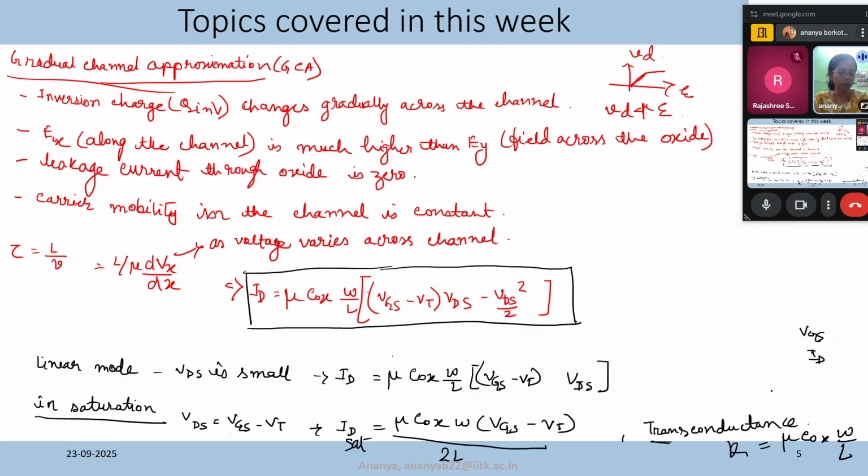And because there may be a change of ID due to VGS, we define this as del ID by del VGS. If you do del ID by del VGS, we will get this expression for transconductance.